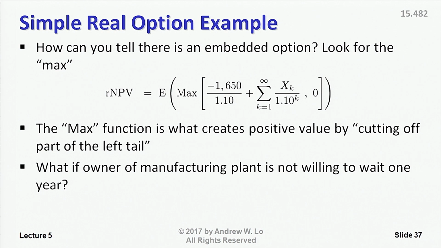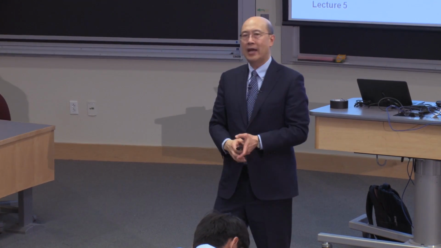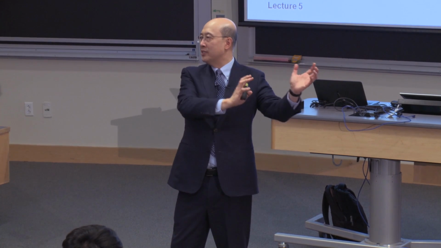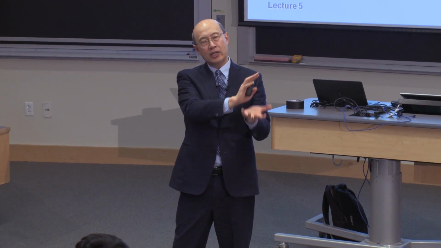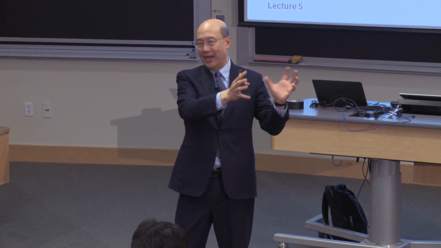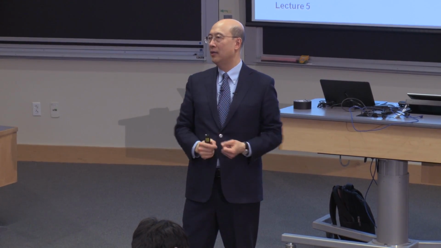Before I do that, let me just mention one last thing, which is that this maximum function works exactly like a put option should, by putting a floor. So effectively, what real option theory tells us is that we can create value for our shareholders by reducing risk, by cutting off the bad outcomes, the tail events in the left tail, okay?